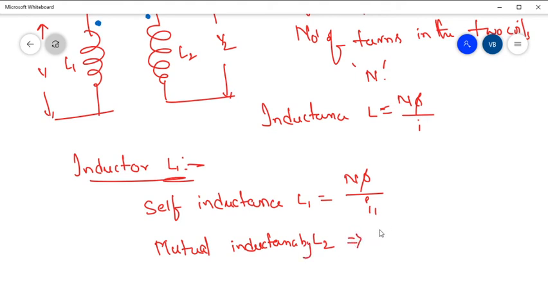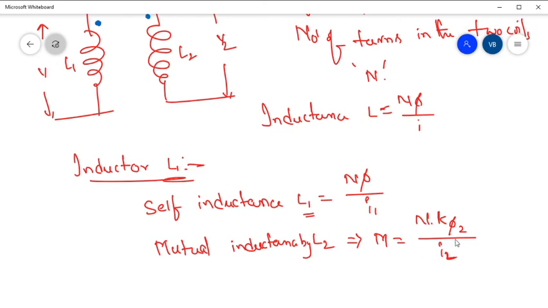Same thing. Here, instead of writing L1, what do we have to write? M equals N into K phi2 by I1, where K is a constant accounting for the magnetic flux generated by the mutual inductance. Here phi2 indicates the flux generated in coil 2.